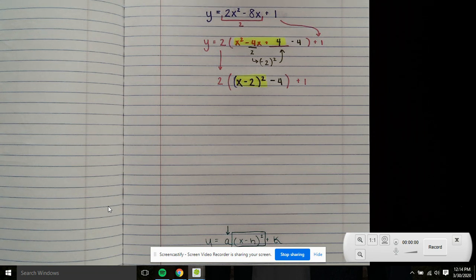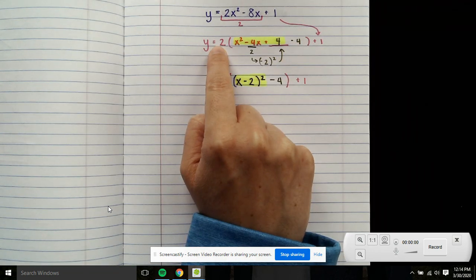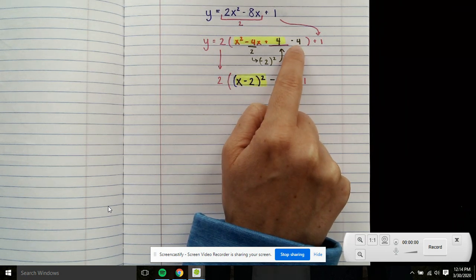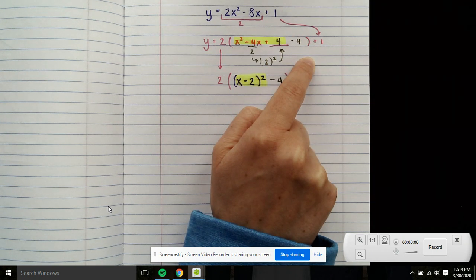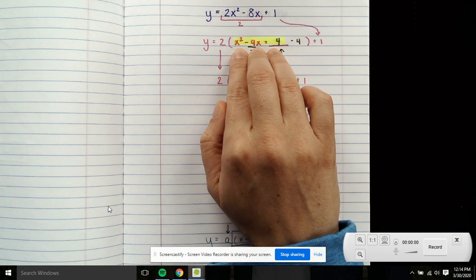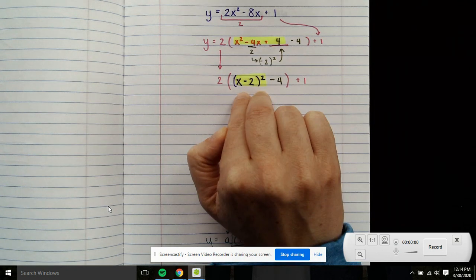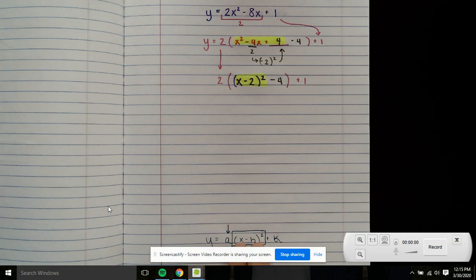Now I'm doing this because notice this -4 is trapped inside of the parentheses that the 2 is attached to. So technically this is not just -4, it's actually -8. Since I have changed this into a perfect square trinomial and rewritten it as (x minus 2) squared, now I have this nice (x minus h) squared.